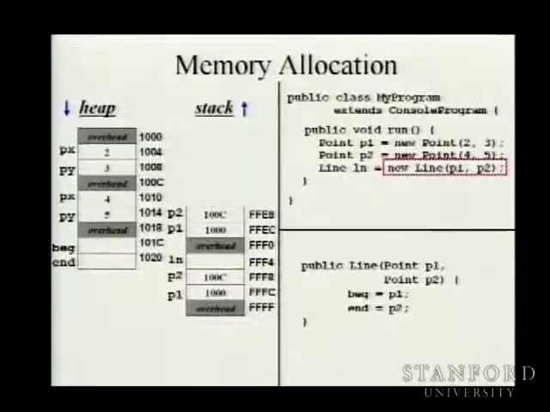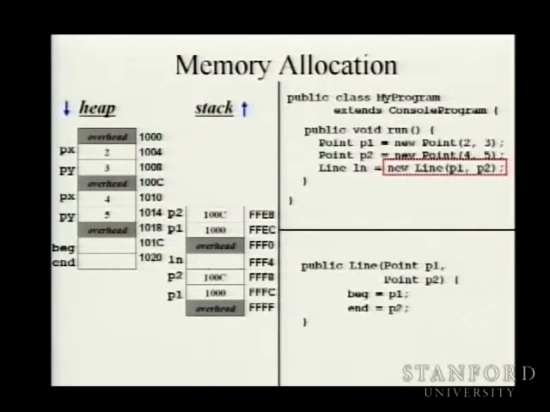Now, we call the constructor method. I didn't show you this before when we did it for points, but the constructor is just a method, just like any other method, except the constructor doesn't have a this pointer associated with it because it hasn't created the object yet. It's still in the process of creating the object. What it does have is the parameters that get passed into it. What are those parameters?